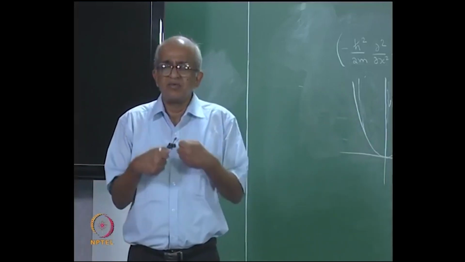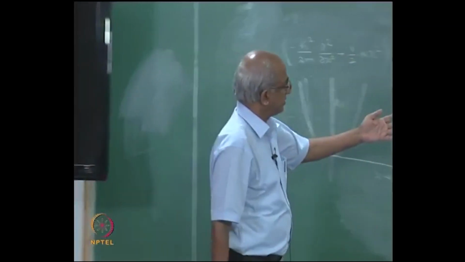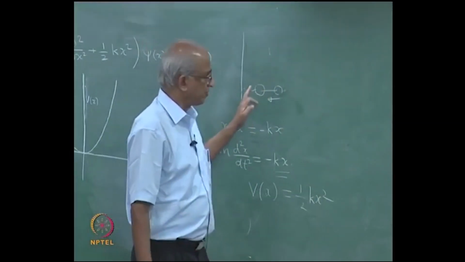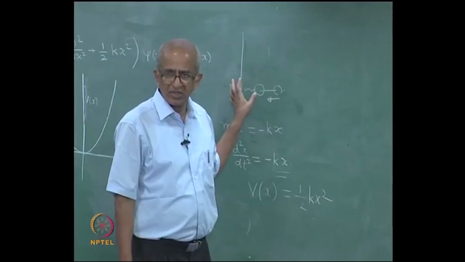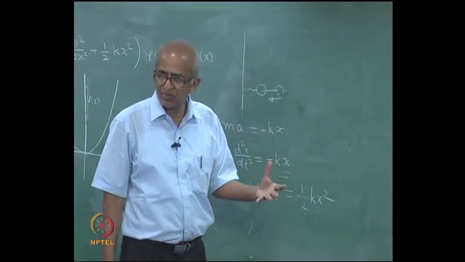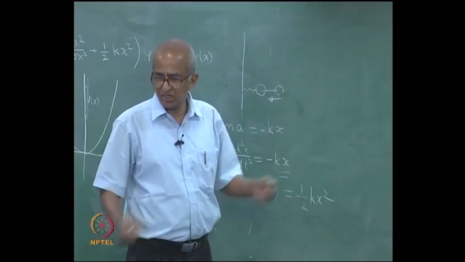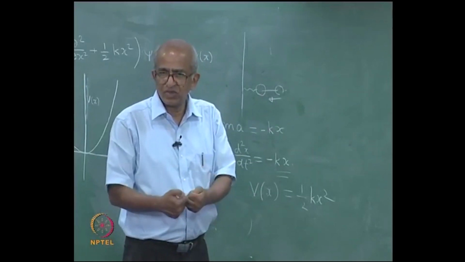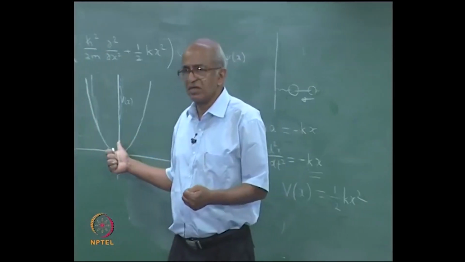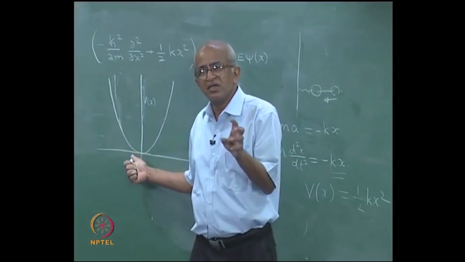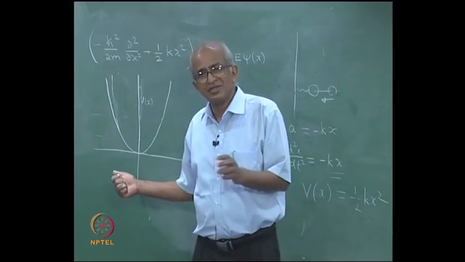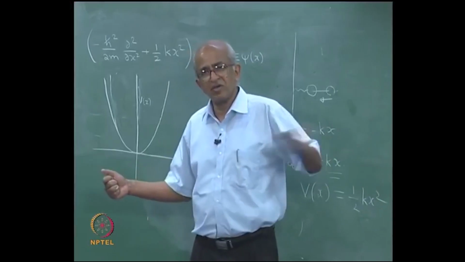But if I had an actual hydrogen atom attached to tungsten and I went on supplying energy to the bond, the bond will eventually break, and once the bond is broken, the atom will go away. So the process of dissociation will take place, but this model has the defect that the atom will never detach from the surface, it will just go on vibrating.